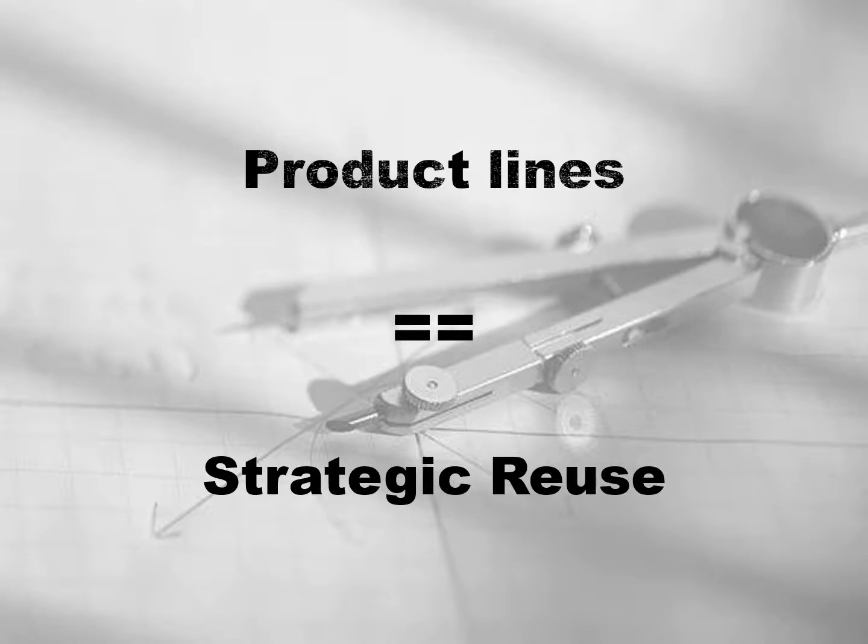So the word we are looking for here is strategic reuse. Product lines mean that we strategically reuse our existing parts or existing work to create something new, something novel, or something that gives us more money or more customers or more users or is more useful to a new group of audience.